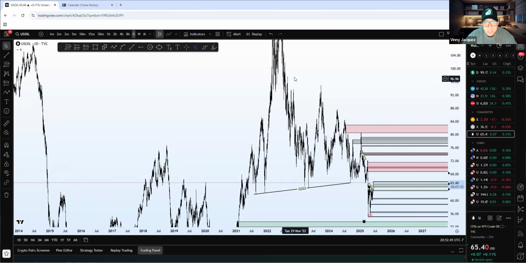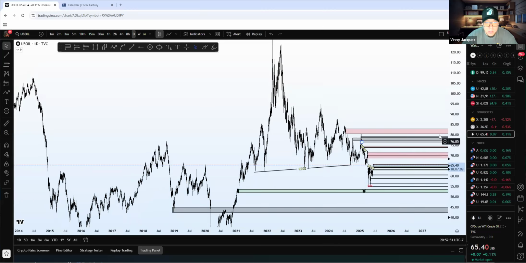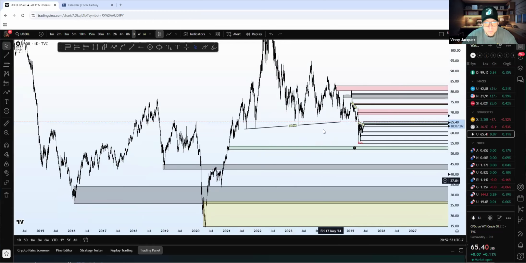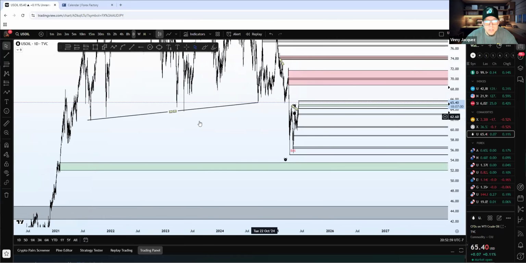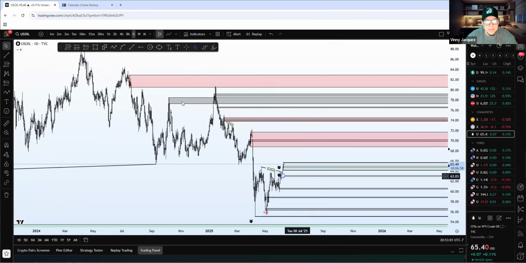I've been selling and looking for sells this whole time as the market's been dropping. I have not one time placed a buy. I've been looking for buys down here, and they have not hit my potential buy zones yet. So now look, is the market in a downtrend or an uptrend here?